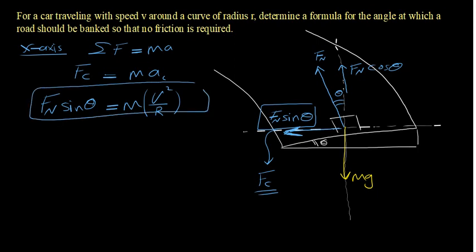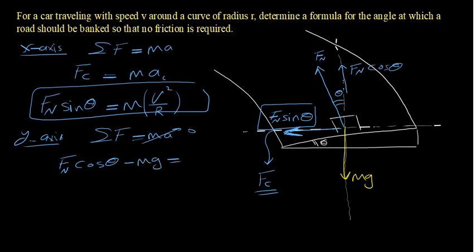Then I'll go to the y-axis to test what forces are on the y-axis. And it's again ma from Newton's law. This here is 0, there is no motion on the y-axis, so there is no acceleration. What forces do I have on the y-axis? I will have the normal force cosine theta minus mg equal 0.